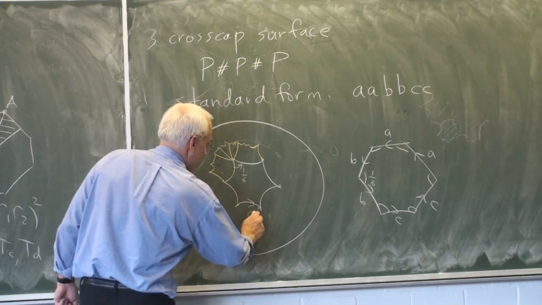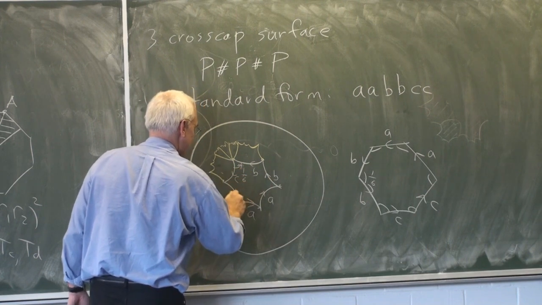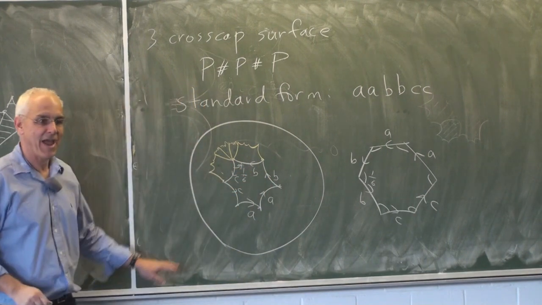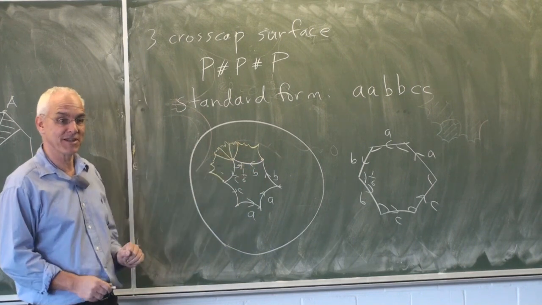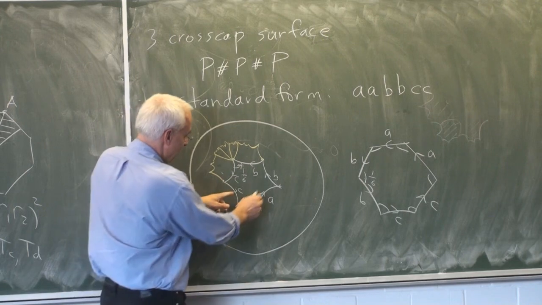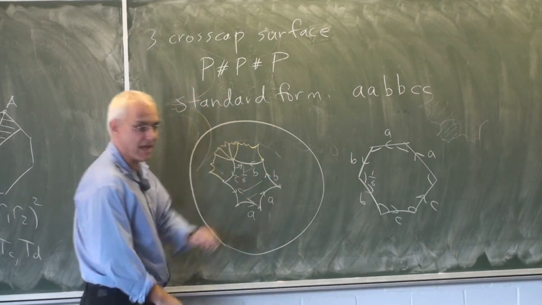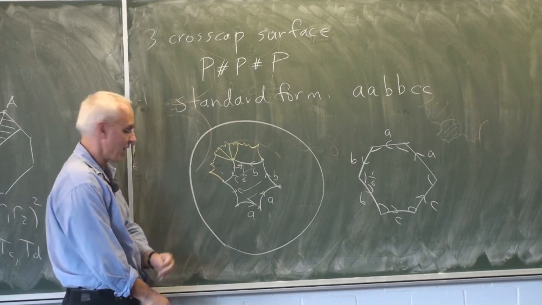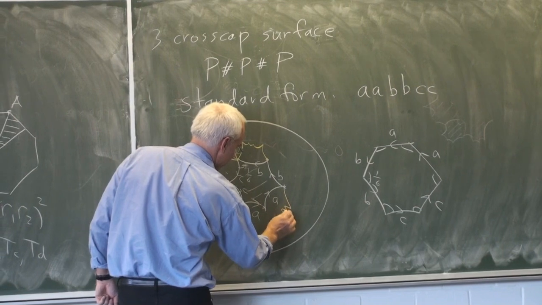And then you would have to look at the edges, A, B, B, C, C, and choose transformations that allow you to identify this edge with this edge. Okay, so let me do the copy over here.